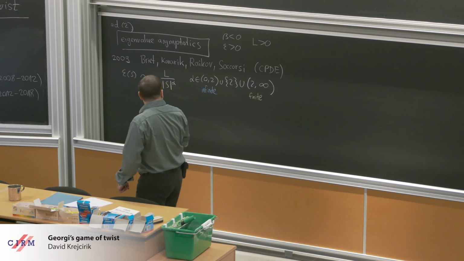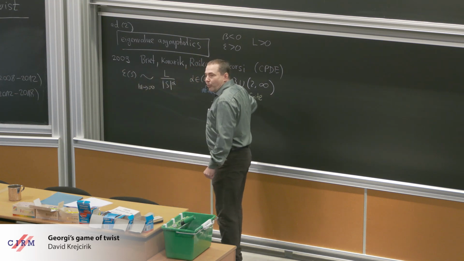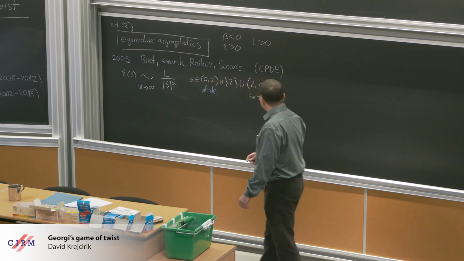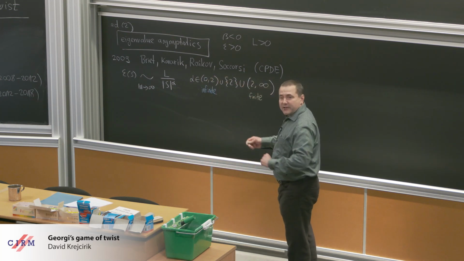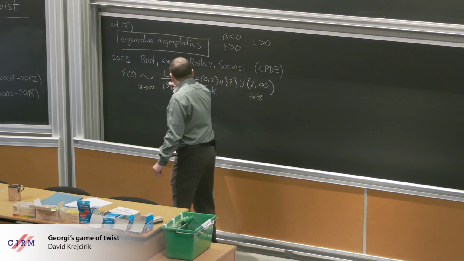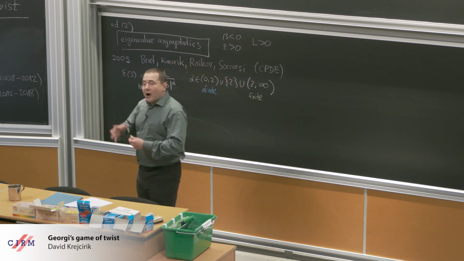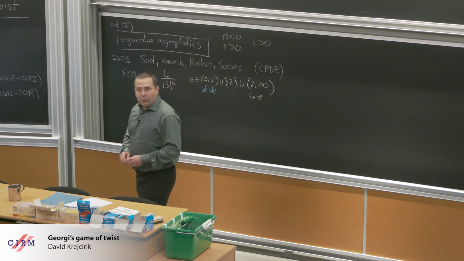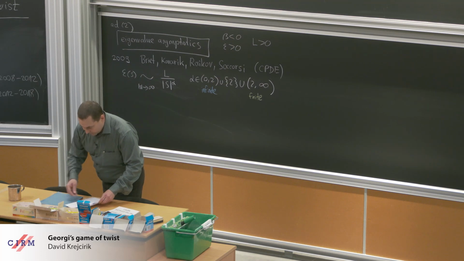Here it is a little bit more complicated, but they also have results in this critical situation. And they have precise asymptotics. Depending on alpha, they get how quickly the eigenvalues accumulate at lambda infinity.